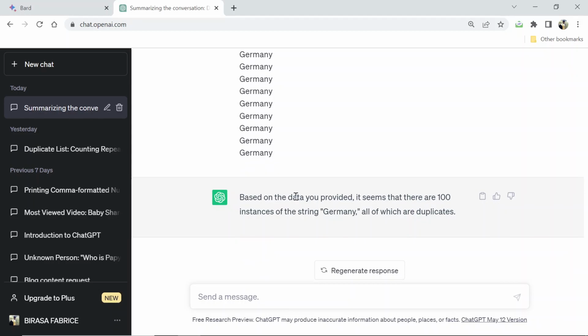Based on the data you provided, it seems that there are 100 instances of the string German, all of which are duplicates. The whole data is about Germany, which is true, but the observations I provided are more than 119.